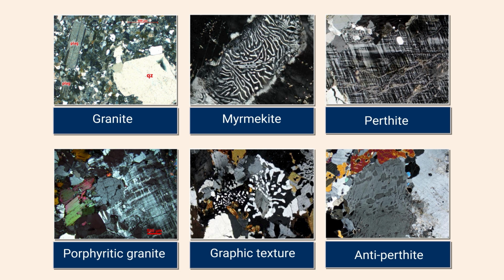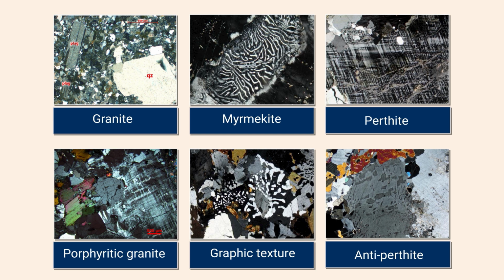Here is a myrmekitic intergrowth. Myrmekite is a type of texture which is seen at microscopic level where vermicular growth of quartz is seen in a plagioclase host. Graphic texture, on the other hand, is also a type of intergrowth texture where quartz grows in a blob-like form, usually in an orthoclase feldspar.